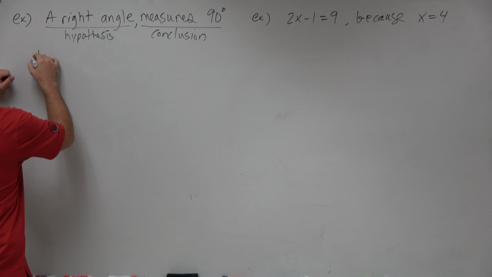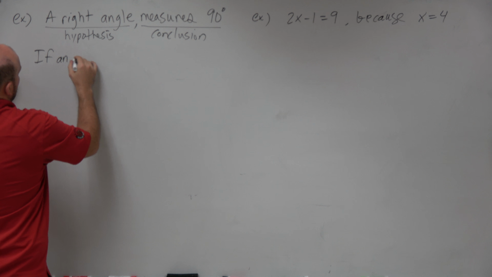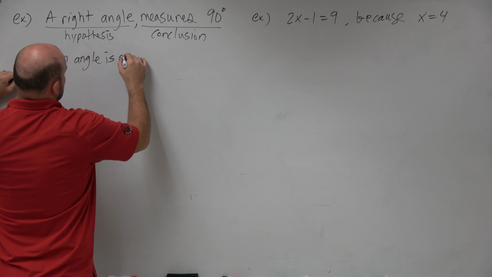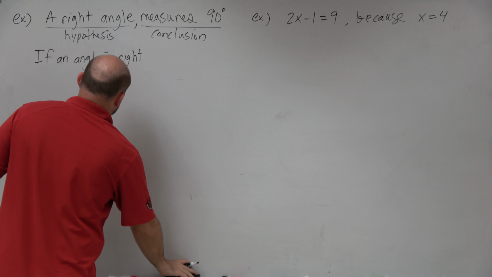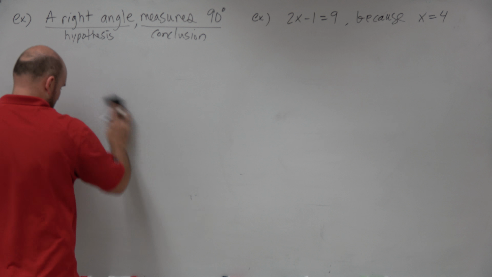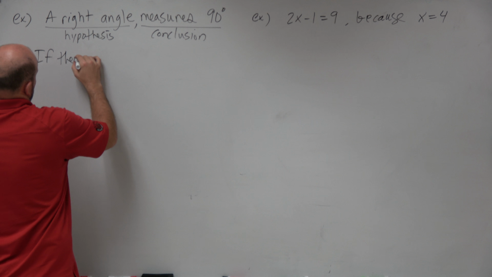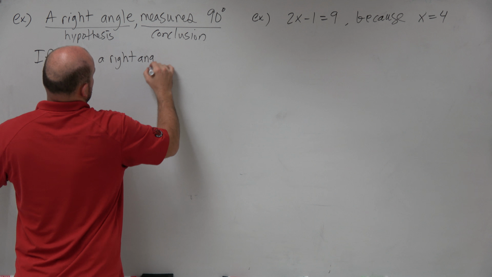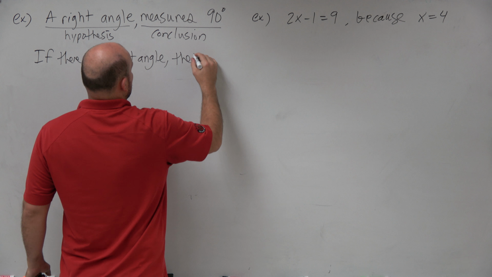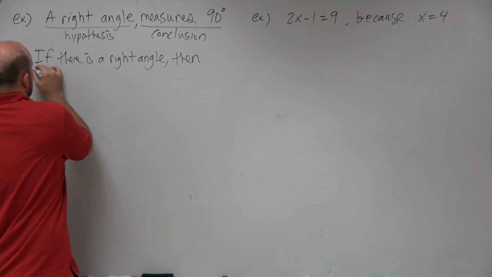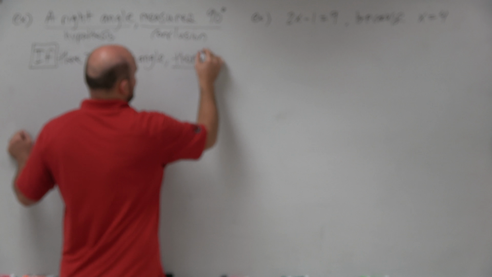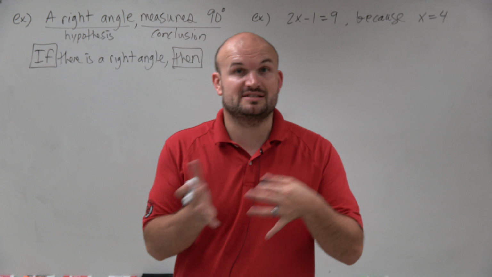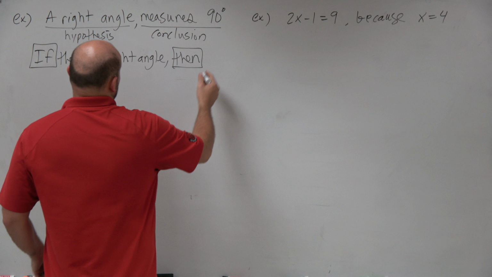So you can say, if an angle is right, or we could say, if there is a right angle, then... A lot of times I like to box the if and the then. That helps me remember exactly what my hypothesis is, what my conclusion is, and where they come.